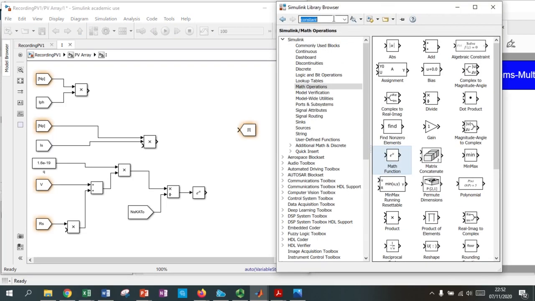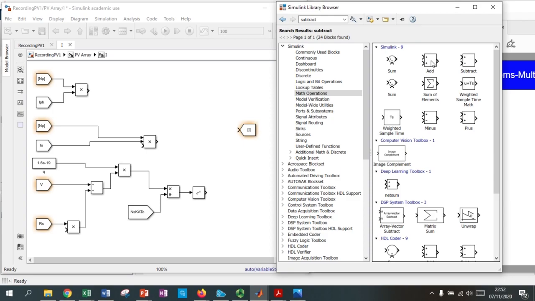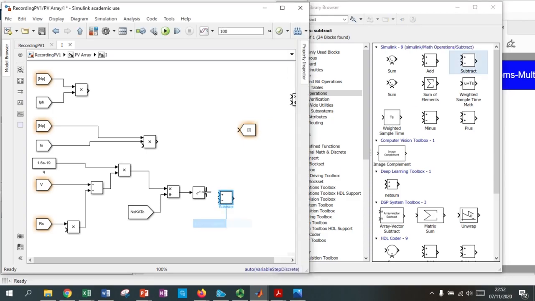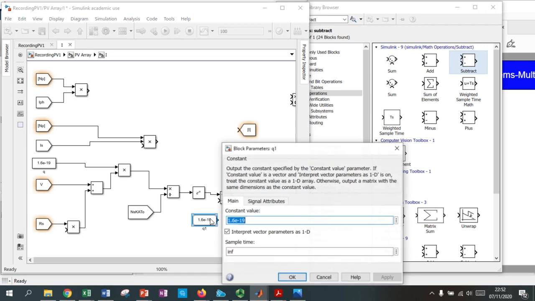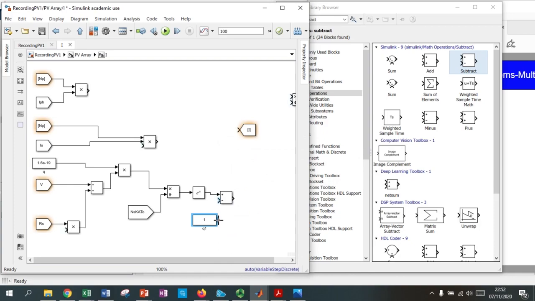This subtract, it's here. It's adding subtractions. Then it's coming here. It's minus 1. Control C, Control V. It is a minus. It's a 1. Then it goes through this.